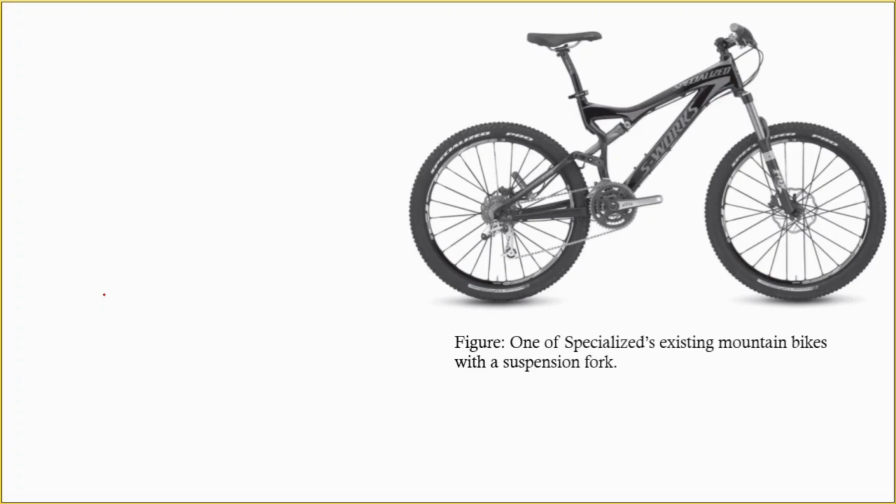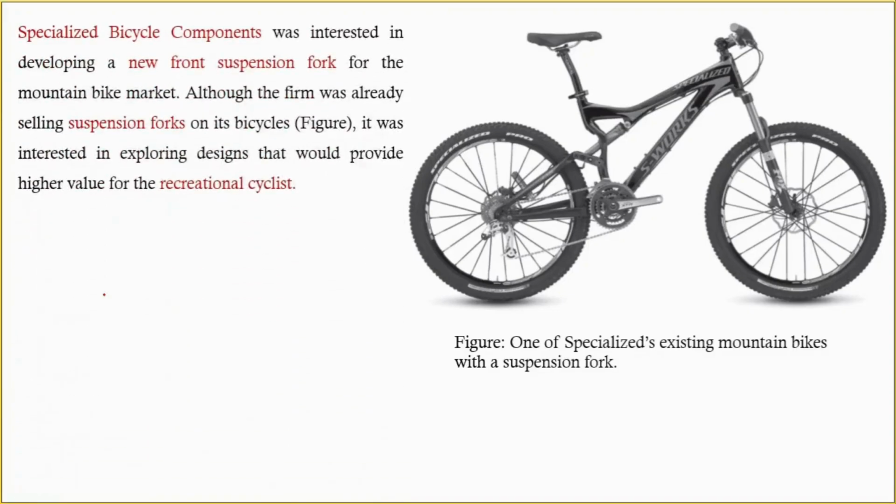Basically, here you can see one example: an existing mountain bike with a suspension fork. If you want to give the specification to a particular component of this bicycle, what would be our approach? Specialized Bicycle Components was interested in developing a new front suspension fork.